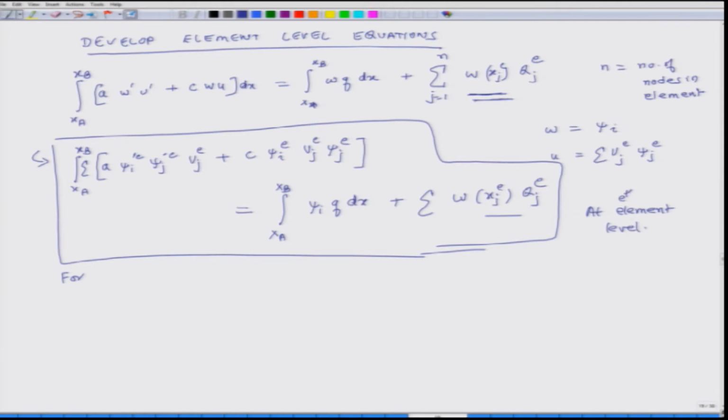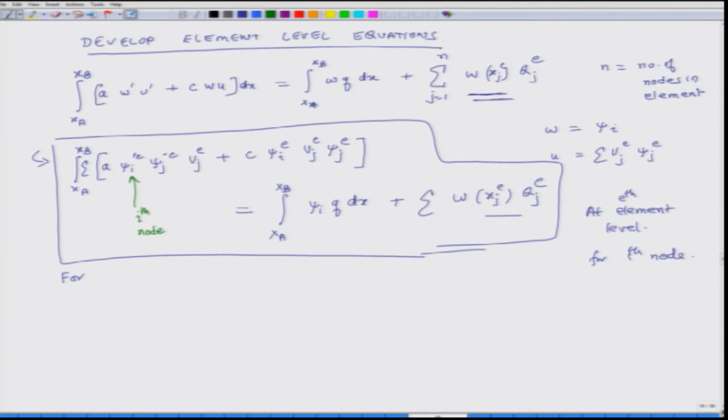At the eth element level. And this is the equation for which node? The ith node, right. It is the eth element because the superscript is E everywhere. So, this is the equation for the ith node belonging to the eth element.